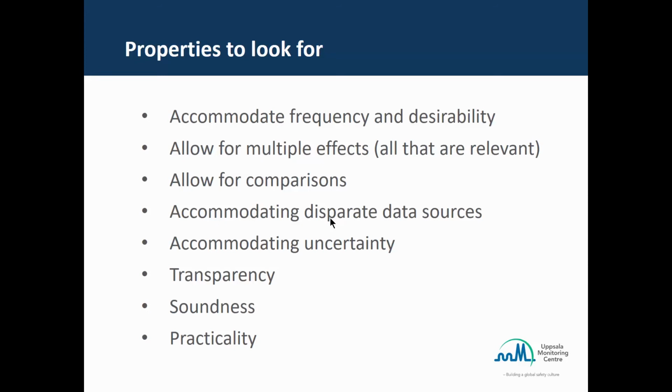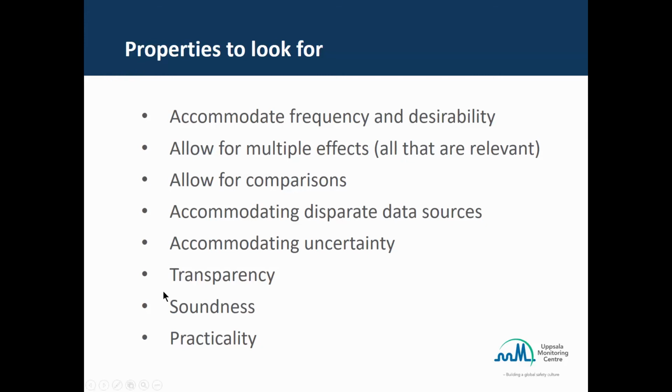For example, beneficial effects are often studied extensively in clinical trials, and sometimes also in observational studies using real-world data. Adverse effects, on the other hand, especially the rare ones, we may only have data from spontaneous reports, and so on. So the ability to accommodate disparate data sources is also a key property.